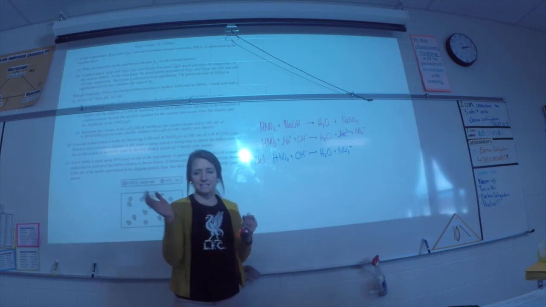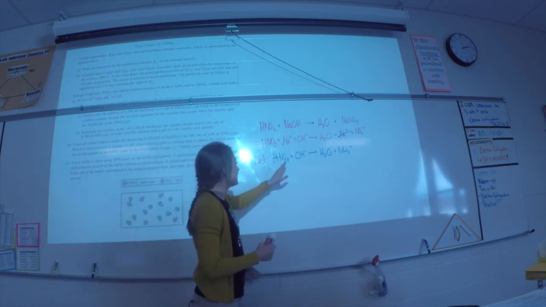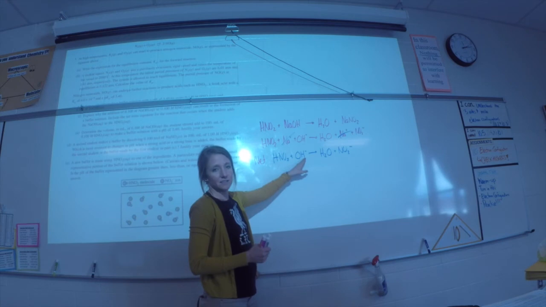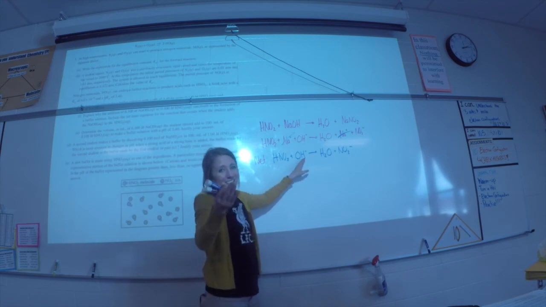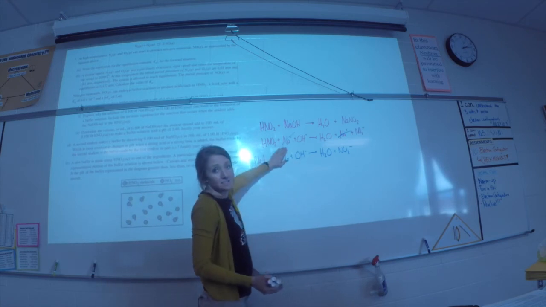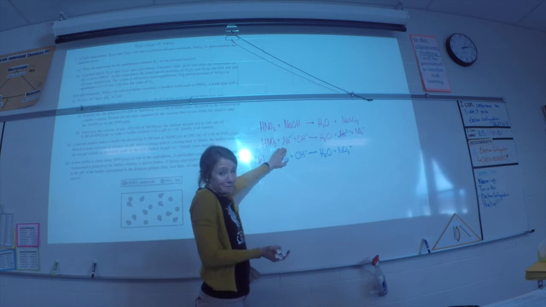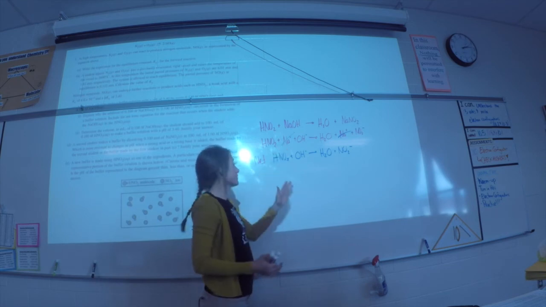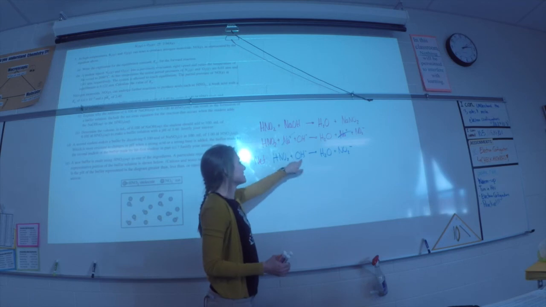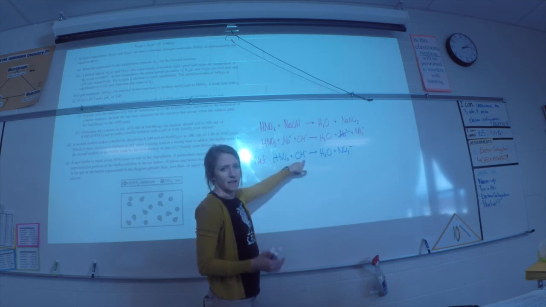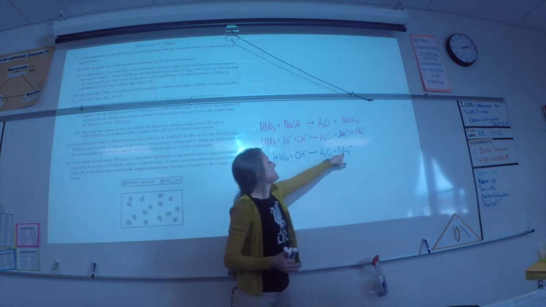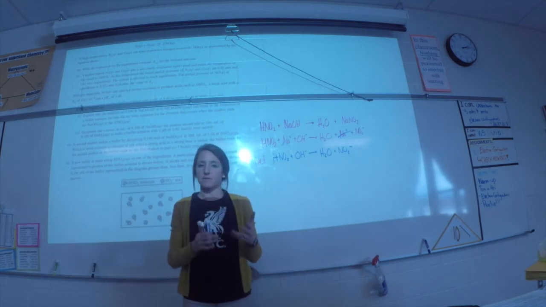Because if we did add, it doesn't say it yet, but if we actually added equal amounts of these to our solution, well then that's a titration and we've just lost our acid, and now it's not a buffer at all. So when you make a buffer, you actually want to add more of this than of this, and we'll get to that on the next problem, because we want this and this present in a buffer solution.